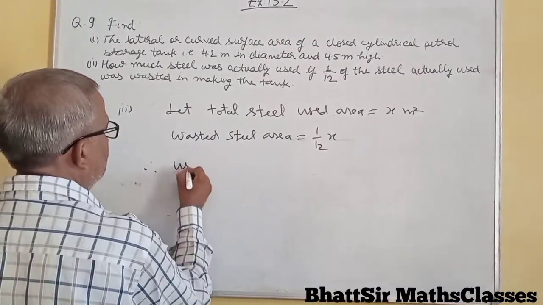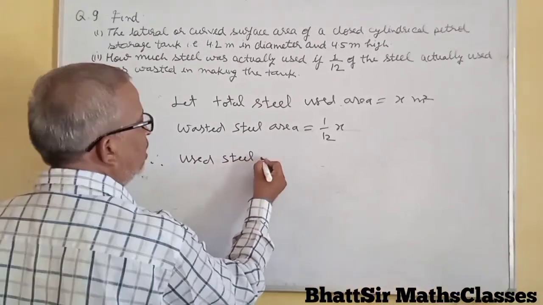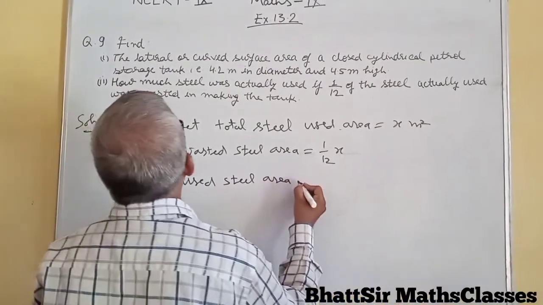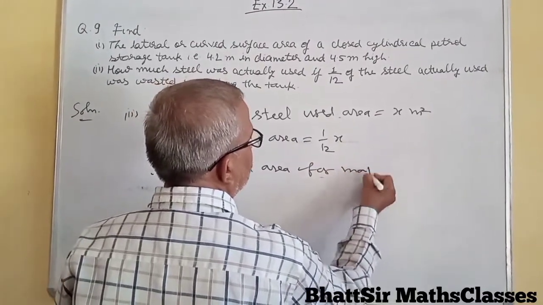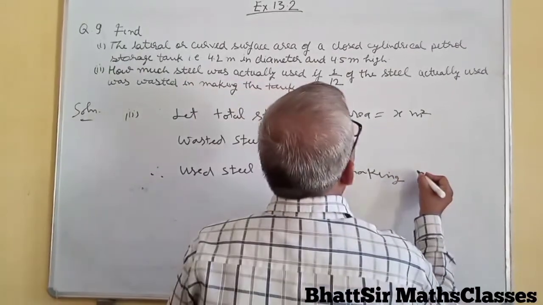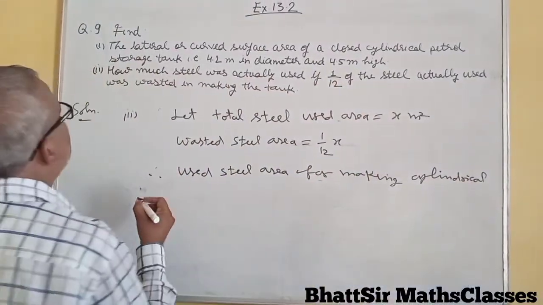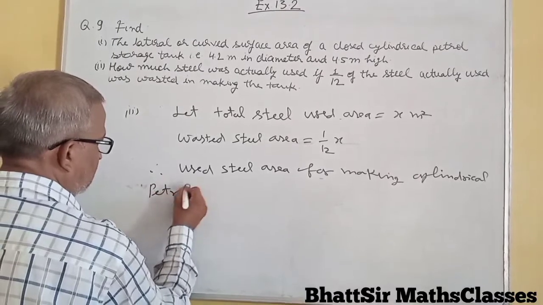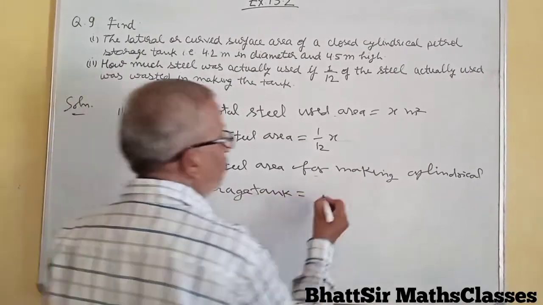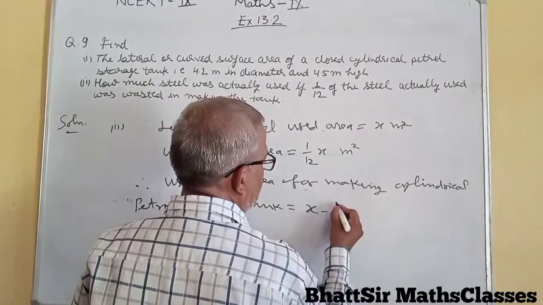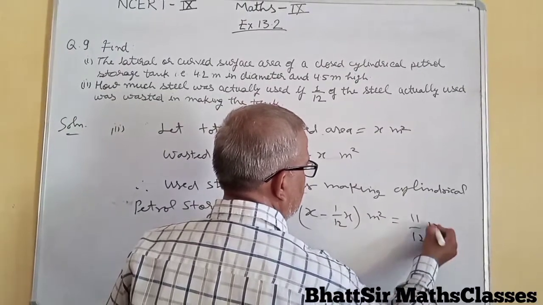Therefore, used steel area for making cylindrical petrol storage tank equal to x minus 1 upon 12x meter square equal to 11 upon 12x meter square.